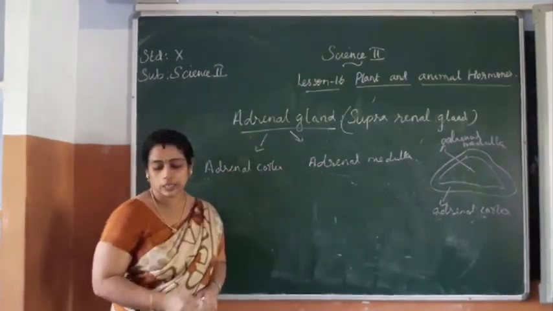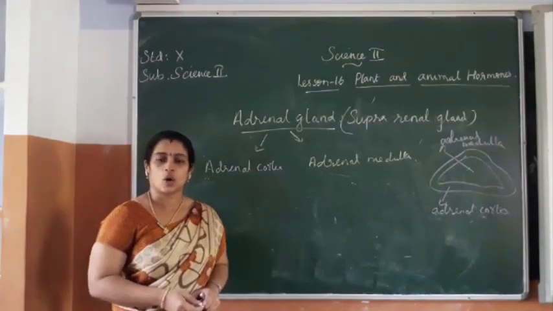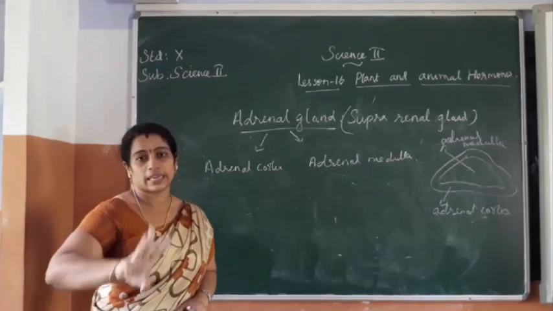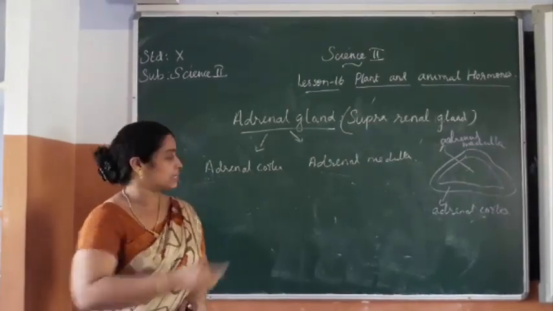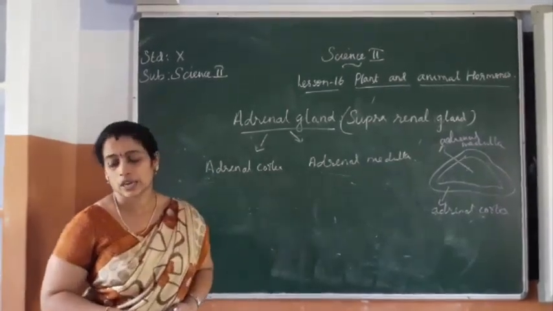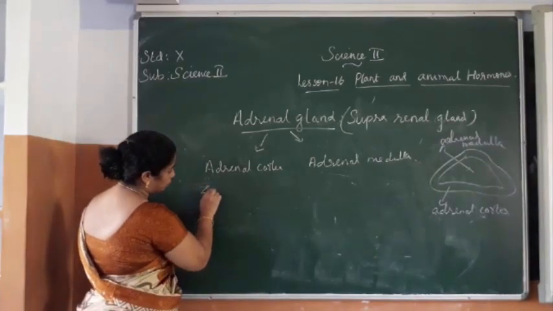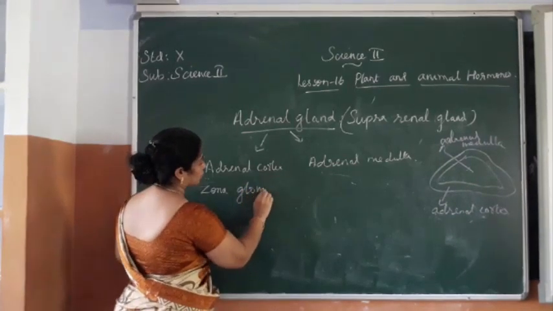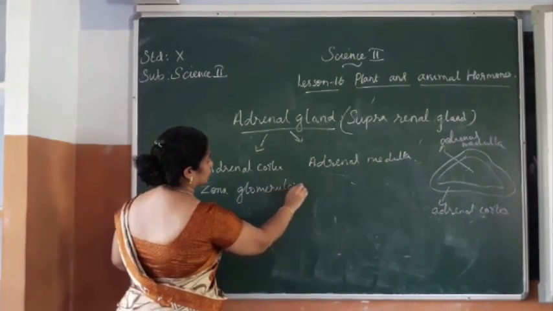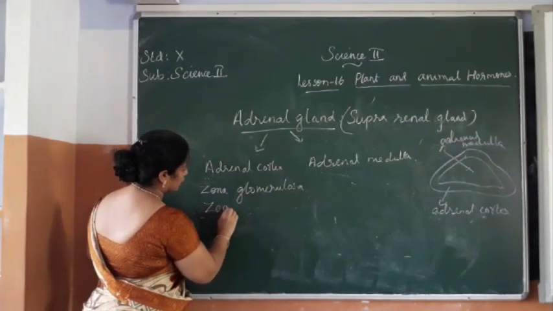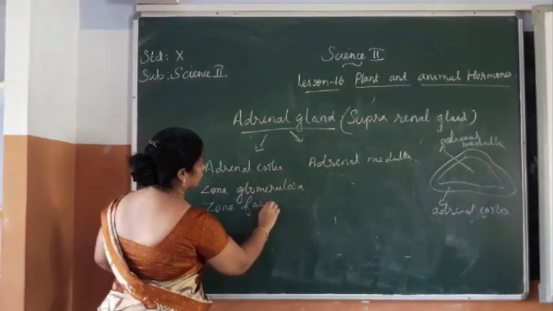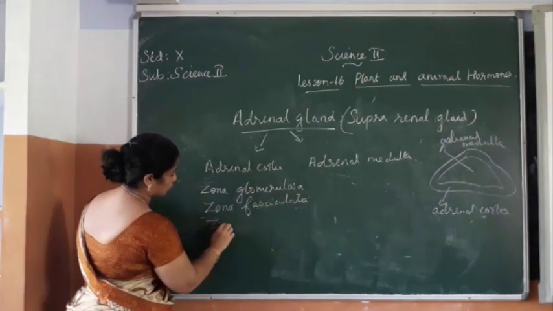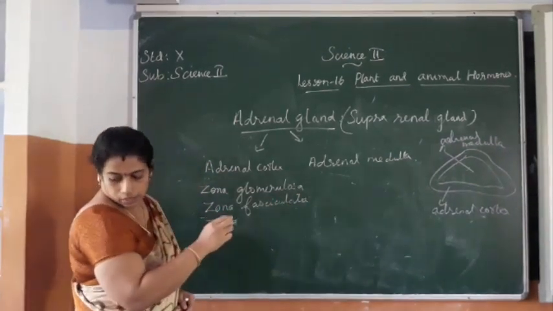So first we are going to study the adrenal cortex. It is the outermost layer, and it consists of three layers. They are zona glomerulosa, zona fasciculata, and zona reticularis.